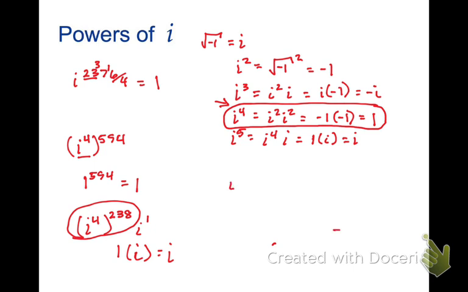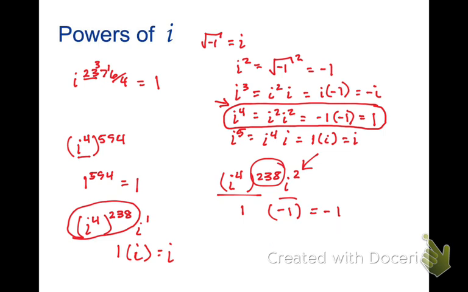If you had i to the fourth to the 238, and you had 2 as a remainder, well, this is 1, and this is negative 1, so my answer is negative 1. See how that's working? You divide by 4, that's this number, and this is your remainder. So your remainder is going to be 1, 2, or 3. That's it.